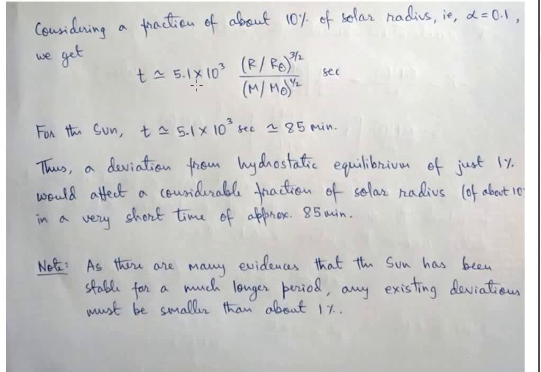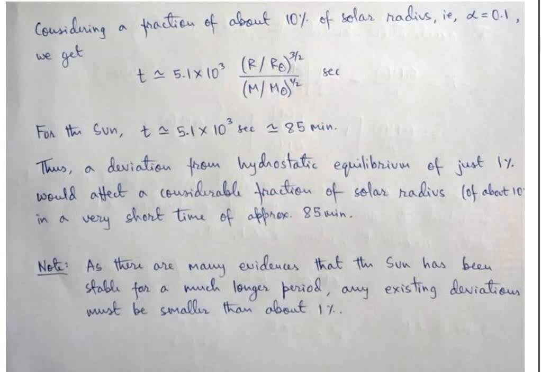So for the sun, this is just the value, which is 85 minutes. So a deviation from hydrostatic equilibrium of just 1% would affect a considerable fraction of the solar radius, about 10%, in a very short time of approximately 85 minutes. But do we see such a thing?